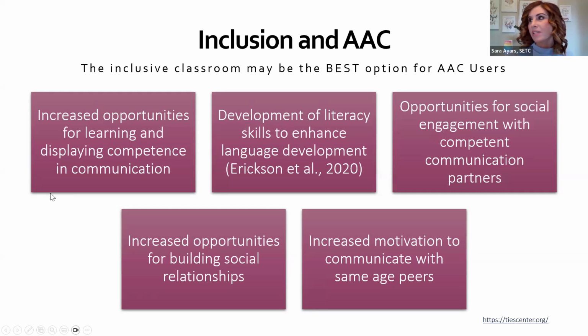Those increased opportunities happen in the inclusive classroom as opposed to a self-contained type of classroom. Development of literacy skills to enhance language development. Opportunities for social engagement with competent communication partners. Increased opportunities for building social relationships and increased motivation to communicate with same age peers. So these are just a few of the benefits to students who use AAC to communicate.